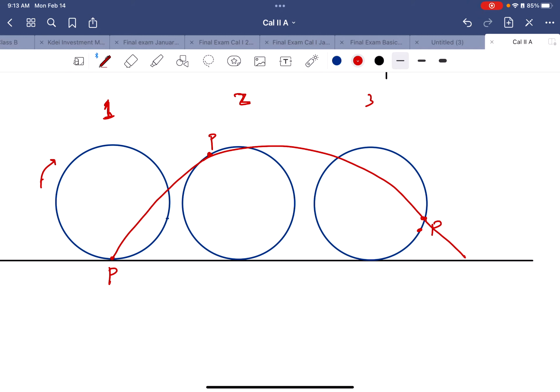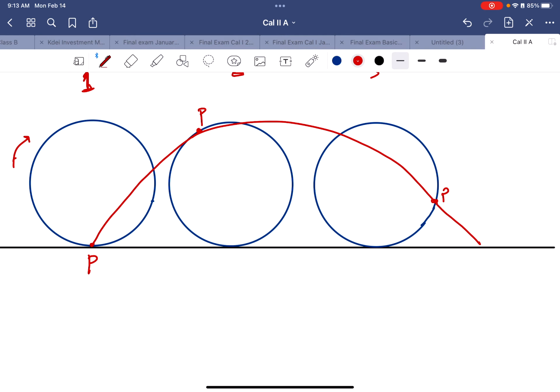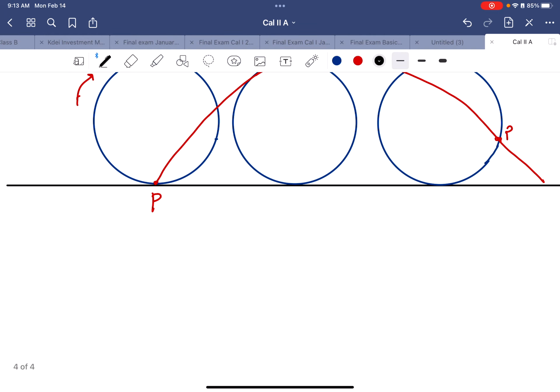Let me change the P to make it more clear. This trajectory, the red curve, if you move the circle for some distance, will have repetitions of this trajectory. We call that trajectory a cycloid.